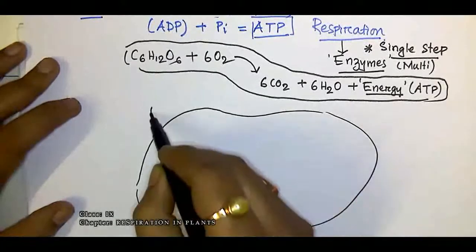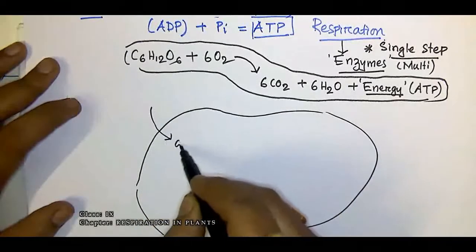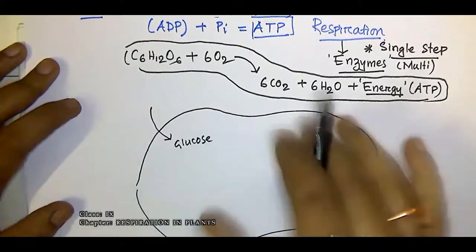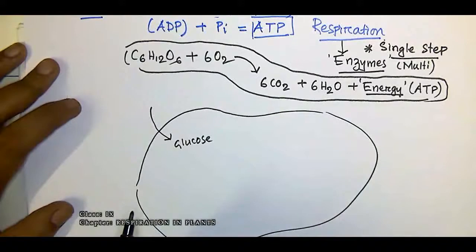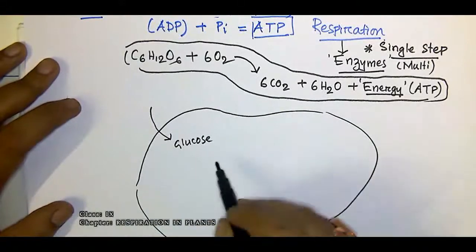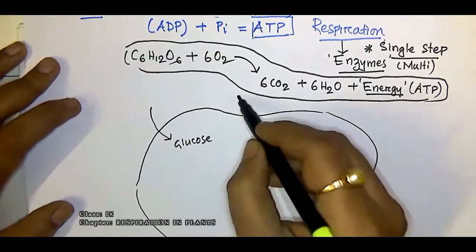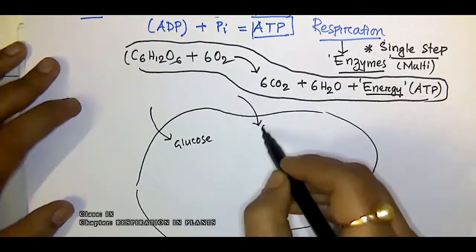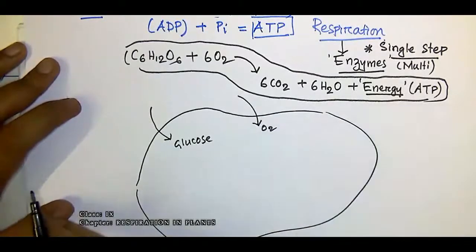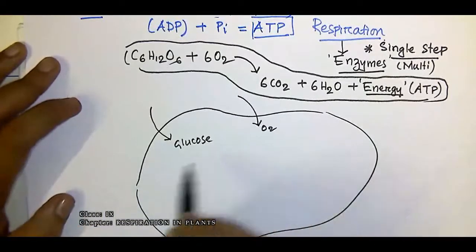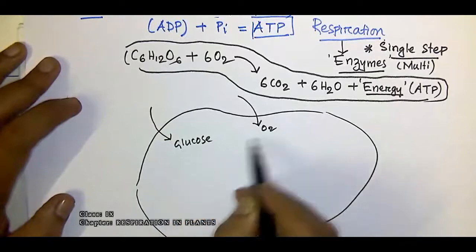Now the cell will receive glucose as the organism performs nutrition. Glucose must be available to the cell, right? Then what next is oxygen gas needs to diffuse inside, right? What exactly is going to happen is this glucose is not going to utilize this oxygen immediately.